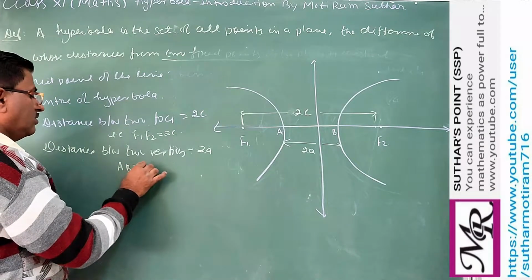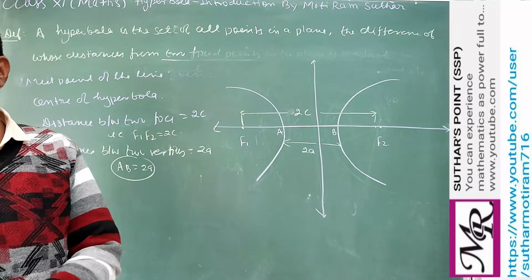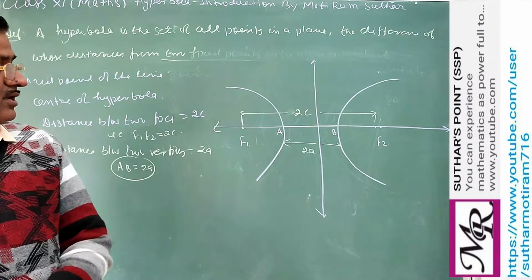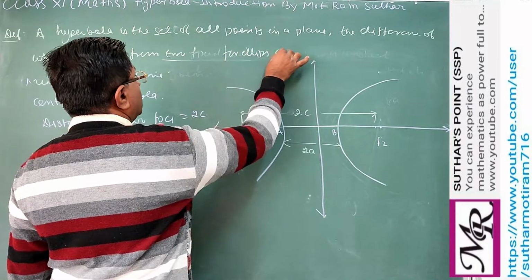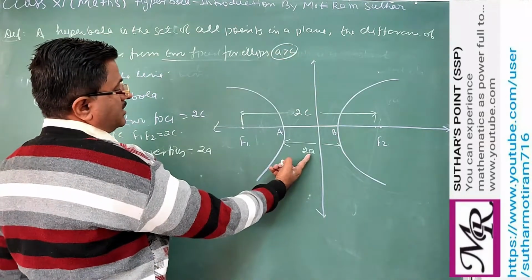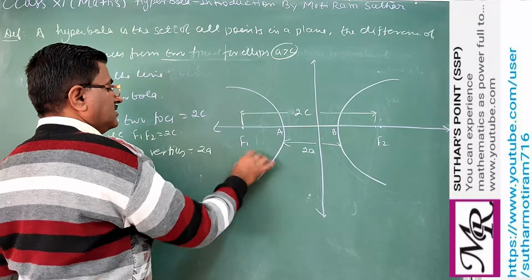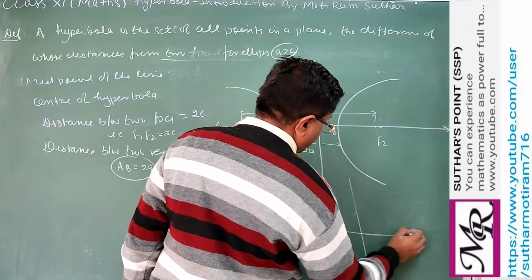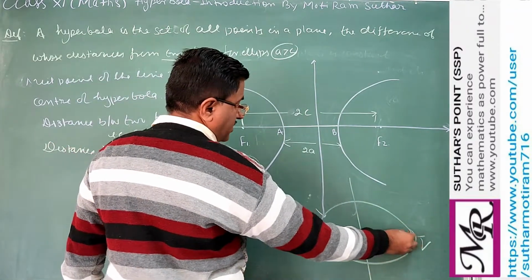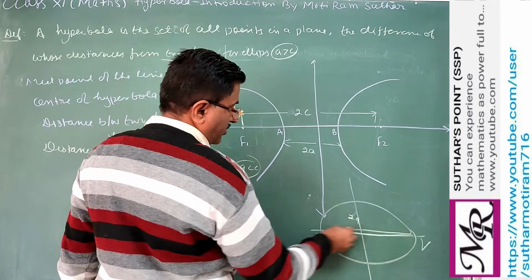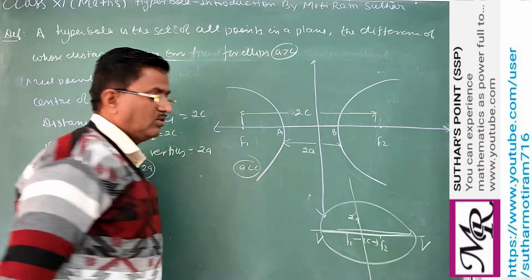AB इक्वल टू 2A। लेकिन यहाँ पर एक बहुत बड़ा डिफरेंस है जो हर स्टूडेंट गलती करता है समझने में। वहां पर क्या है कि A इज ग्रेटर देन C फॉर इलिप्स, A is greater than C, but here we can say this is 2A, so for this we can say A is less than C. देखिए जैसे इलिप्स का मैं फिगर बढ़ाऊंगा साइड में, तो ये हमारे वर्टेक्स है, तो इन दोनों के बीच का ये डिस्टेंस 2A रहा, और ये फोकस और फोकाई कह सकते हैं आप, और इन दोनों के बीच का 2C, तो उल्टा हो गया.